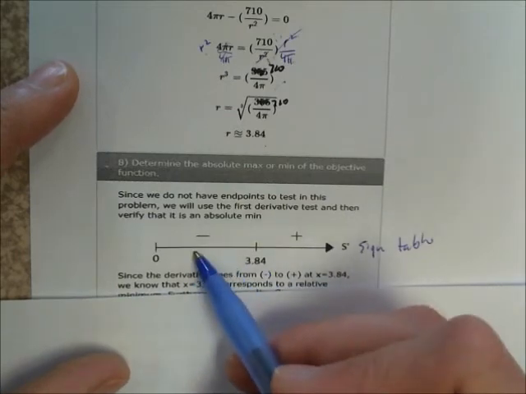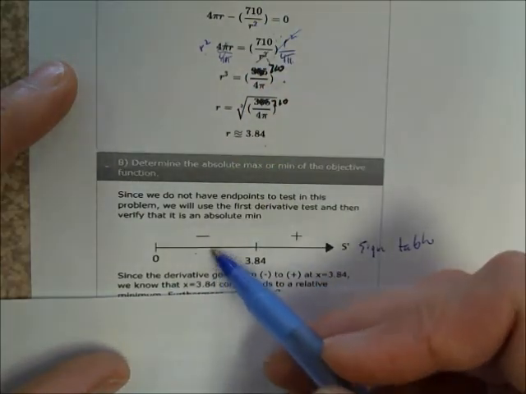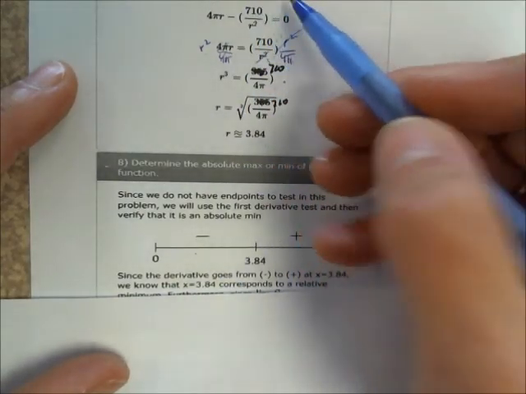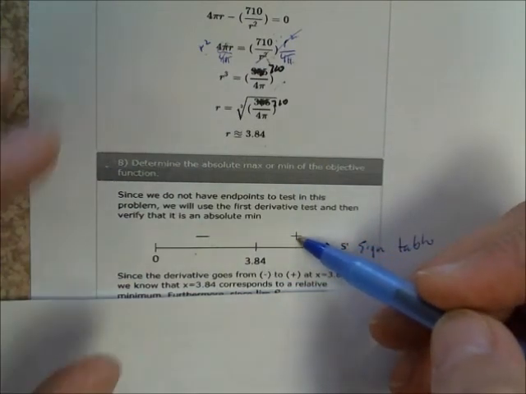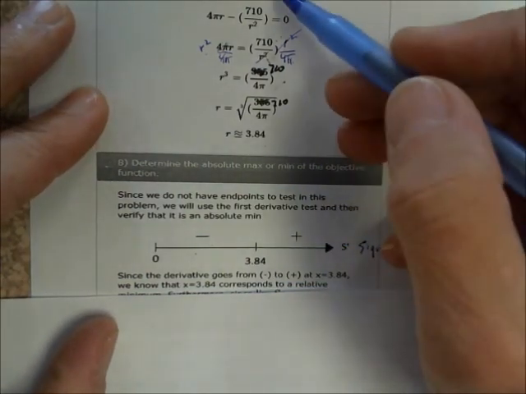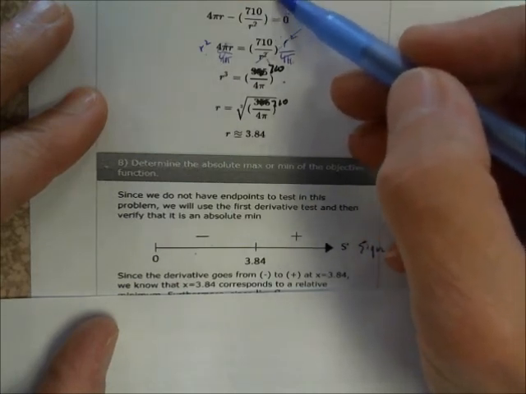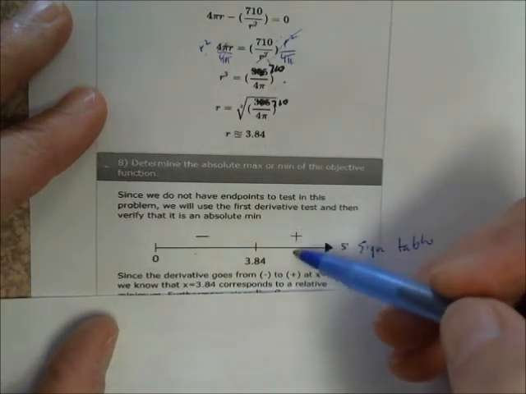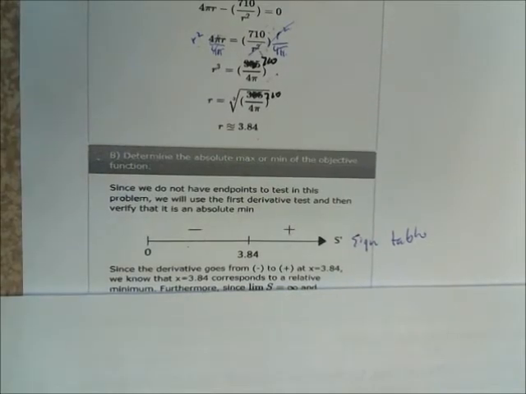So if you plug in r is equal to 1 up here, that becomes a negative number because you just have 4 pi minus 710, which turns into negative. And then I would just put something really big, a positive number. The bigger the r gets down here, the smaller this number gets. So this is negligible and this becomes big. So that would be a positive. Without a calculator, I would be able to determine that.